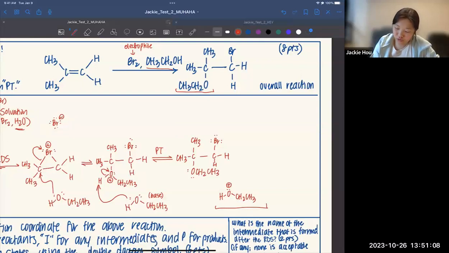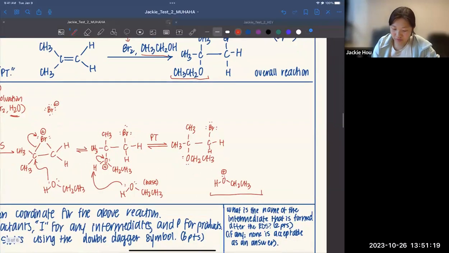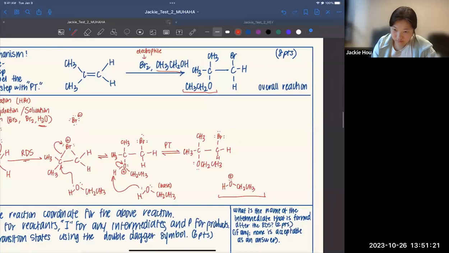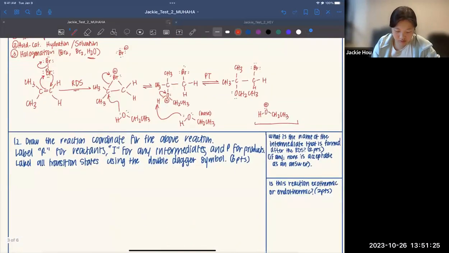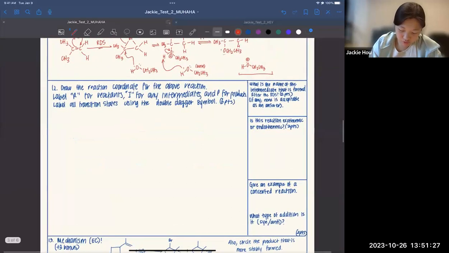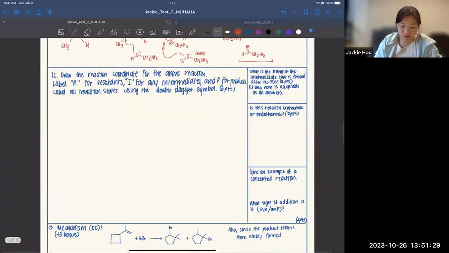I know we don't really include the acid that gets regenerated, but because it's the mechanism, it's important to show that you reform what you originally had. It's important to draw that. Okay, moving on. So this was actually a question in last year's exam as well.